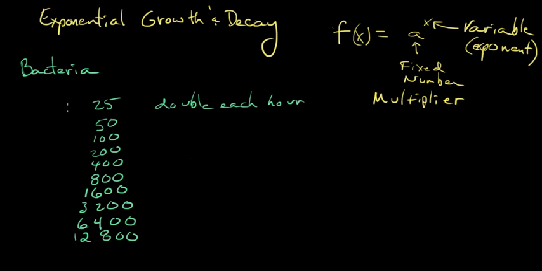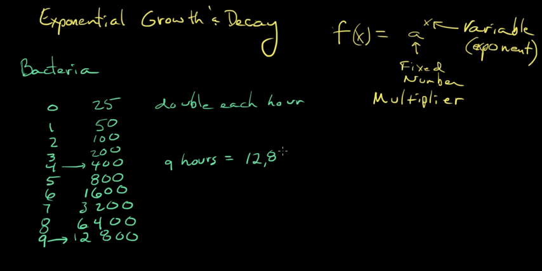So you see, this is at 0 hours, this is at 1 hour, 2 hours, 3, 4, 5, 6, 7, 8, and 9 goes to here. So after 9 hours, you get 12,800.